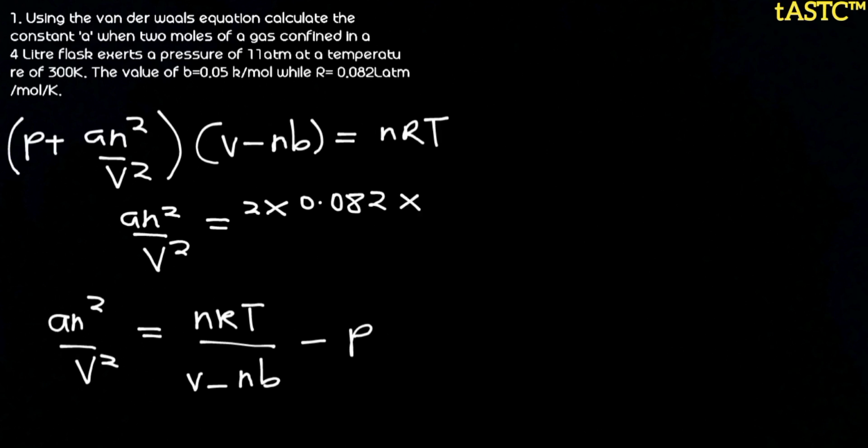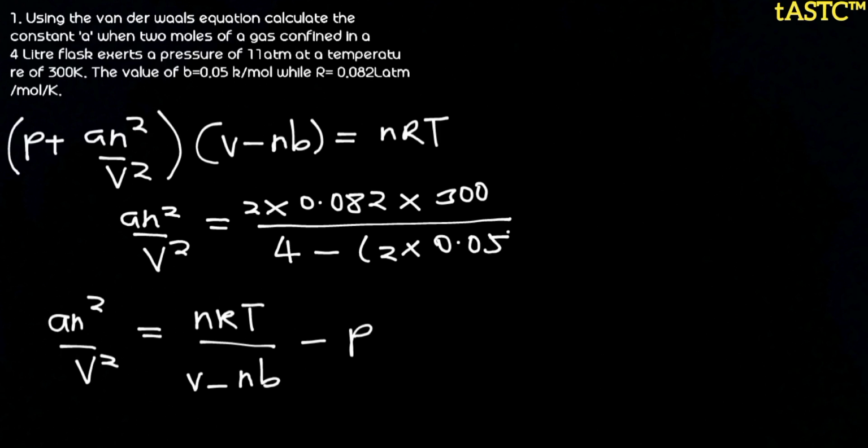Now multiply by T. T in this case is 300 Kelvin, so I'm going to write that there. And this is divided by V minus NB. V was given to us to be 4 liters, so that is going to be 4 minus NB. Now N is 2, and B is a constant, which is 0.05. And so this is what you have for this part, and that is minus P.